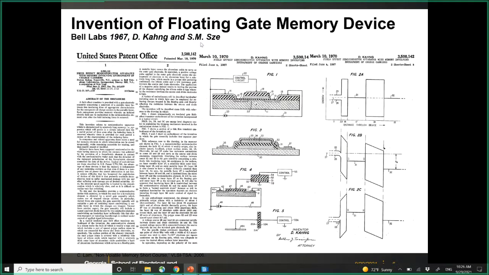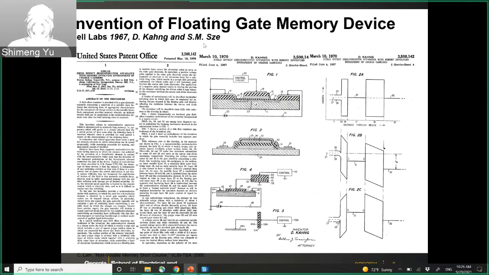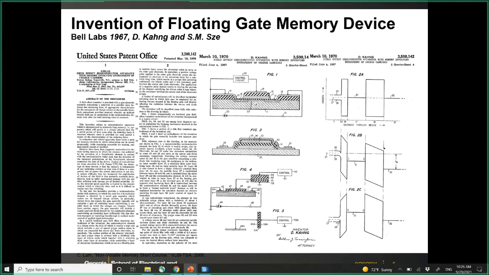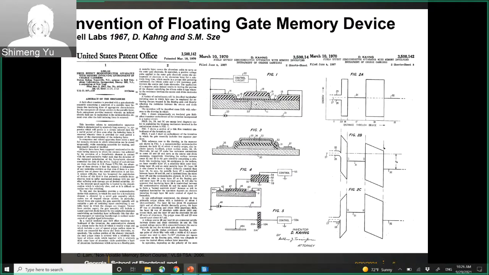You may have heard of this name before because he is the well-known author of the semiconductor device physics textbook. This is like a Bible in semiconductor device physics. He is the inventor of the floating gate transistor, and he is also regarded as the father of flash technology. We will discuss that in more detail later.